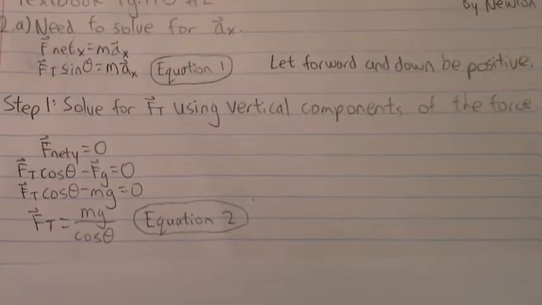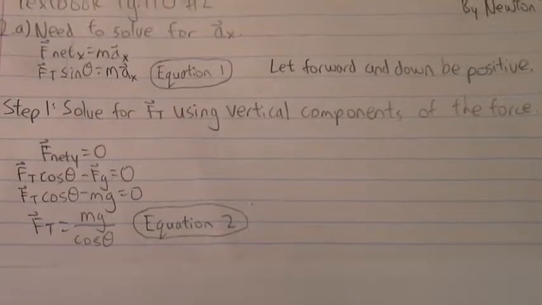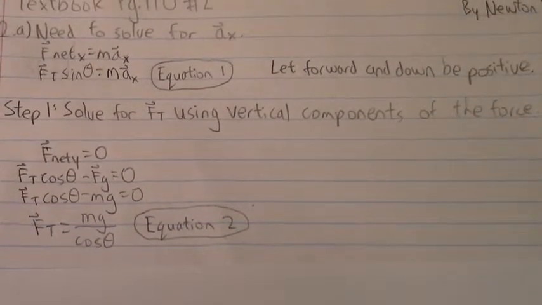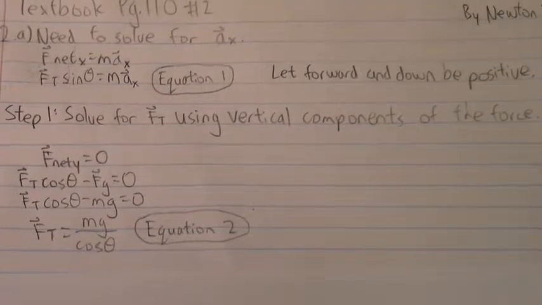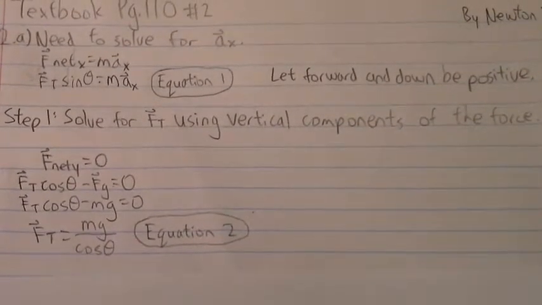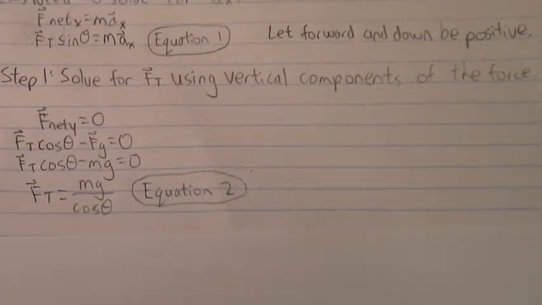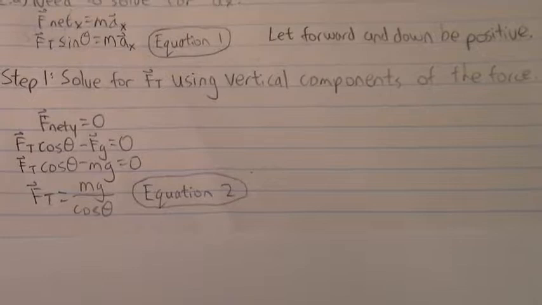Alright, so taking a look at Ft sine theta equals ma, we notice that we don't have Ft, and we don't have the acceleration in the x direction. So what we need to do as our first step is take a look at the vertical components of the force and solve for Ft.